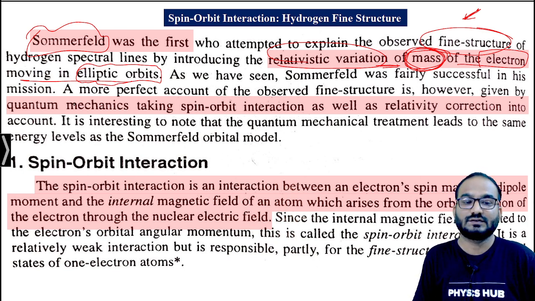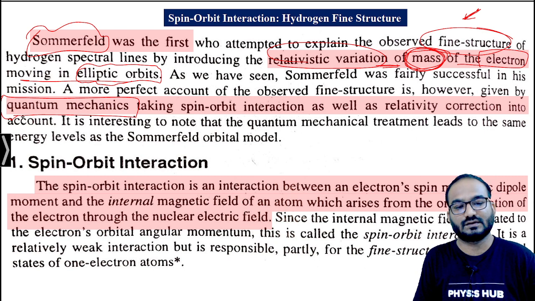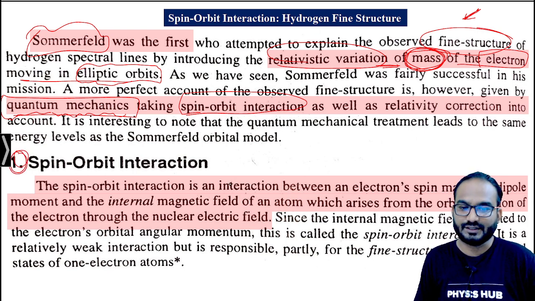Sommerfeld was fairly successful in his mission. A more perfect account of the observed fine structure is, however, given by quantum mechanics. Sommerfeld's theory was semi-classical, so it had some failures, but quantum mechanics provided a proper explanation of the spin orbit interaction as well as the relativity correction. So let's talk about spin orbit interaction.